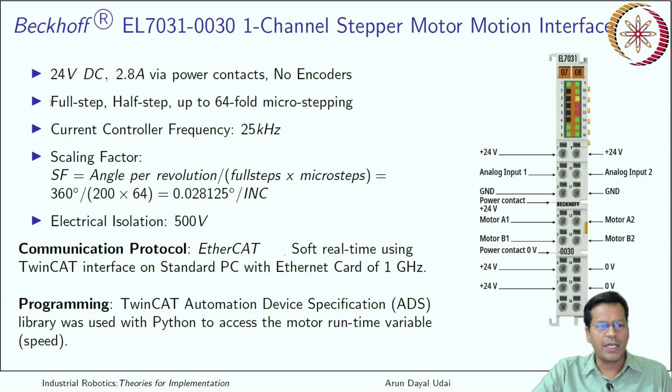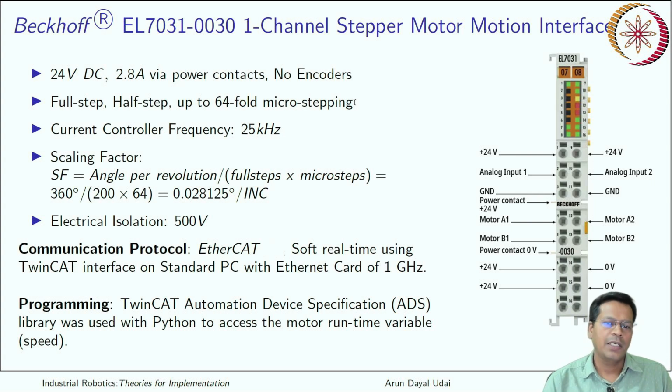This has the capability to run in step mode, that is full step, half step, or 64-fold micro stepping. What does 64 mean? It means from one pole to the other, it can shift in 64 folds.